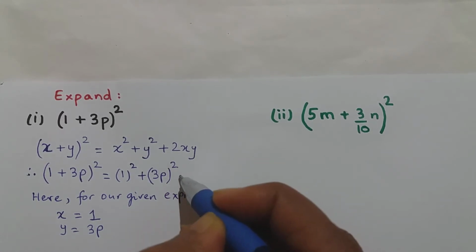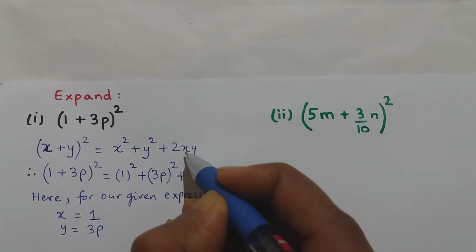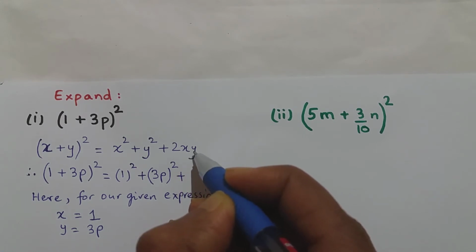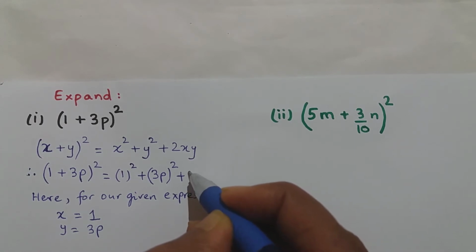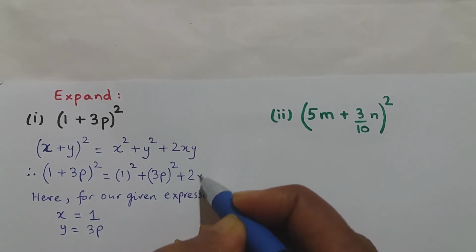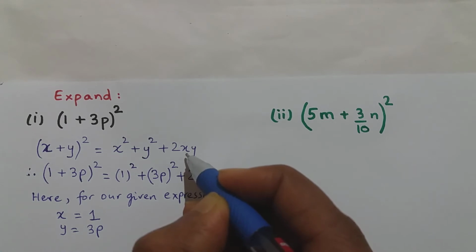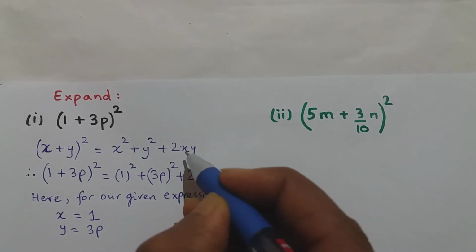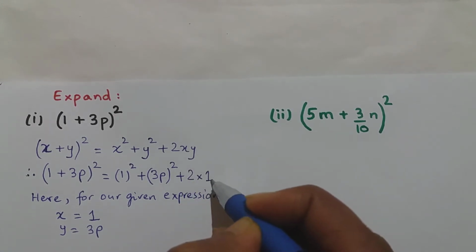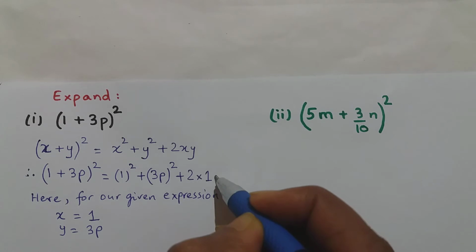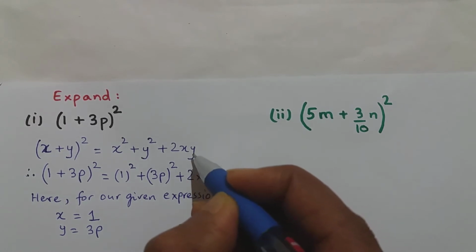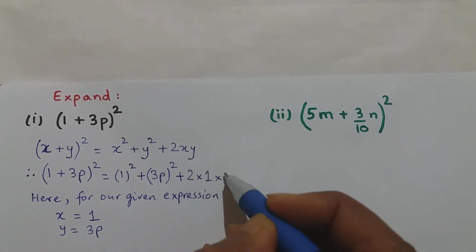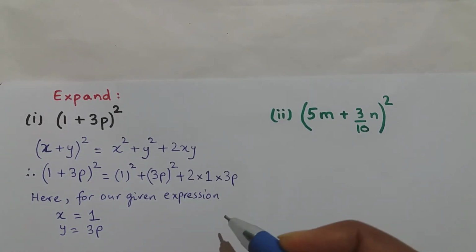Plus 2xy. 2xy means 2 multiplied by x multiplied by y. For our expression, x is 1 and y is 3p, so it will be 2 multiplied by 1 multiplied by 3p.